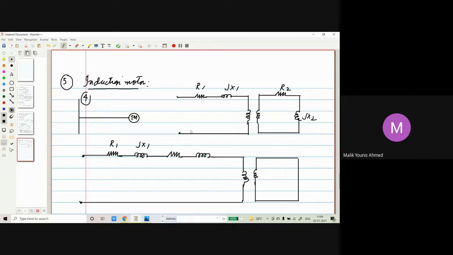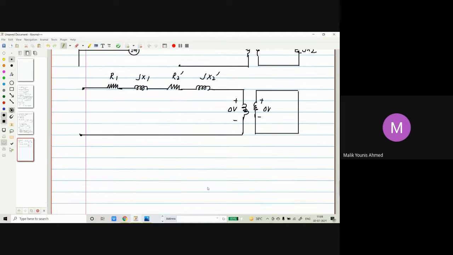So there will be no change on the primary side values. Secondary side will become R2 dash, JX2 dash. And since we have voltage 0 here because it's a short circuit now, voltage here will also be 0 volts. So then how we can do it? We can write it like this in simple terms.